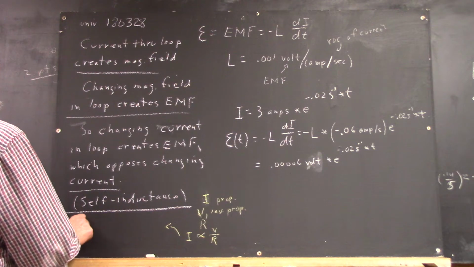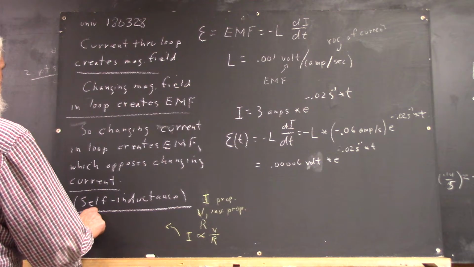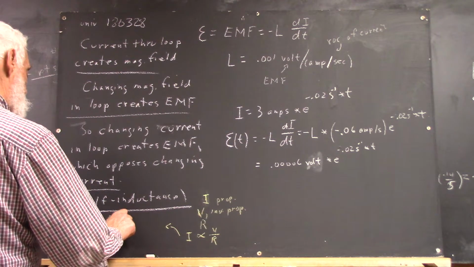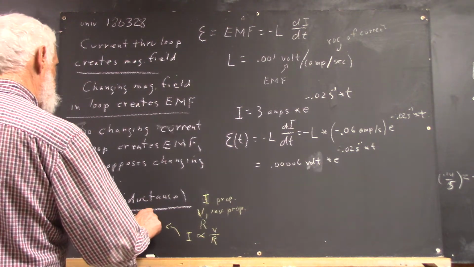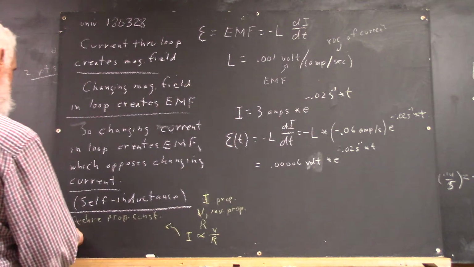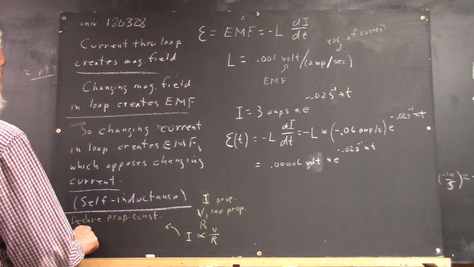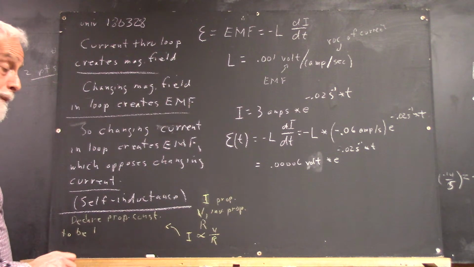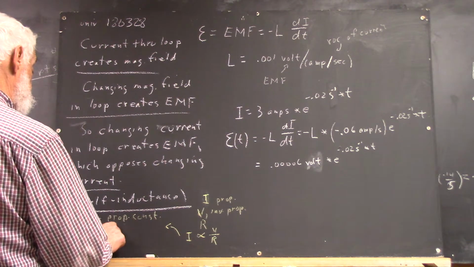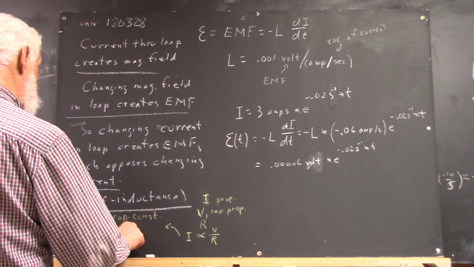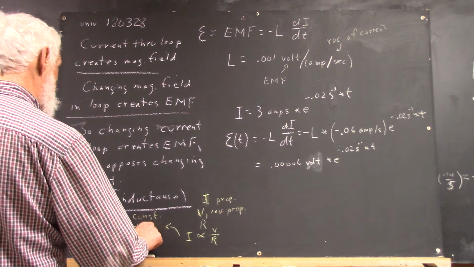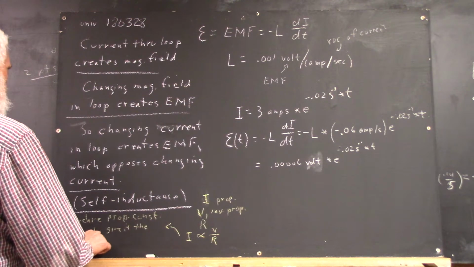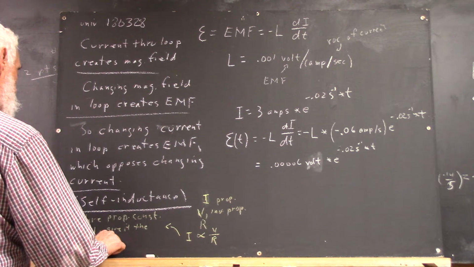And then declare the proportionality constant to be 1, okay? Give it the name ohm.